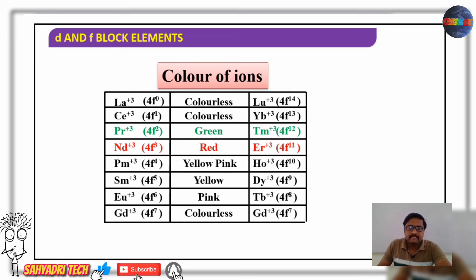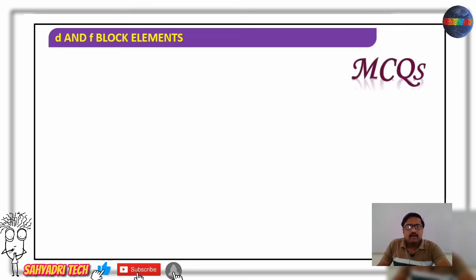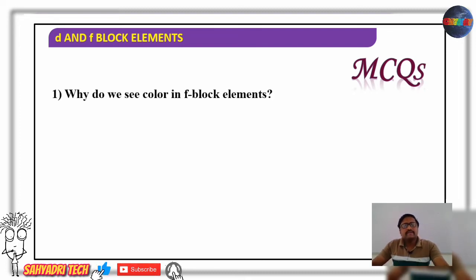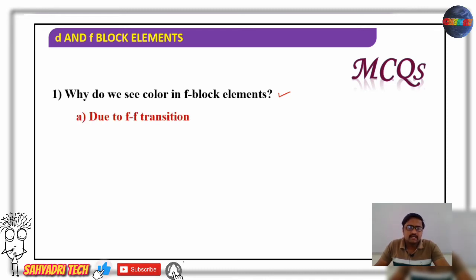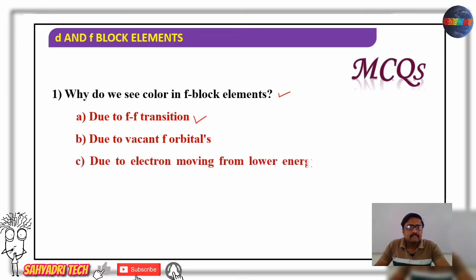Now coming to the MCQs. First one: why do we see color in f block elements? Why are they going to exhibit color? First option, due to f-f transition. Yes, it is correct. We look at the other options also. Due to vacant f orbitals. Is that the only criteria?